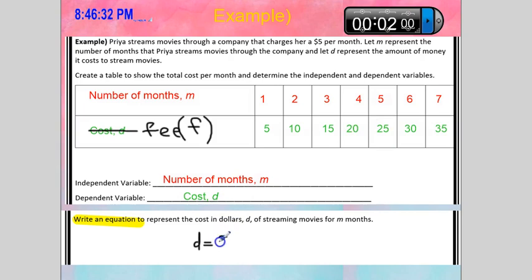So the cost is going to be 5 times what? 5 times whatever M is. So if M is 1, 5 times 1 is 5. If M is 2, 5 times 2 is 10. So this is going to be 5 times M is our equation.